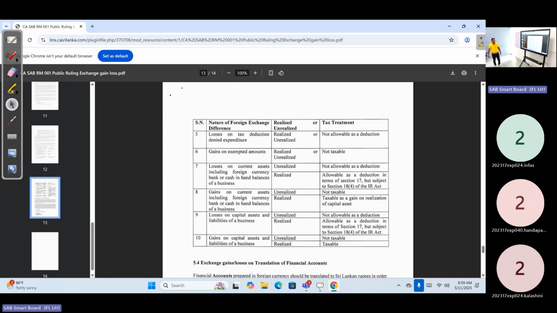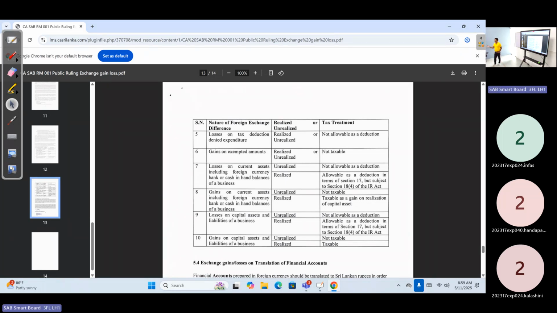Right? That's the thing. So capital assets, then balance sheet, like realized, unrealized. That is also the same. So in case of assets and liabilities also, we have to consider whether it is realized or unrealized. So it directly says conversion or transaction, or translation or transaction.